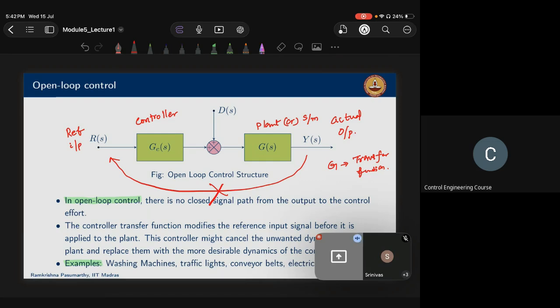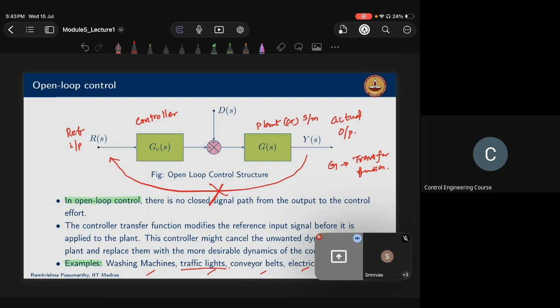In our regular life, we have plenty of examples, like washing machines, traffic lights, conveyor belts, electrical circuits, etc. Particularly traffic lights: we directly give a green signal of, let's say, 30 seconds. We don't check how many vehicles are there, whether it is 10 vehicles or 50 vehicles.